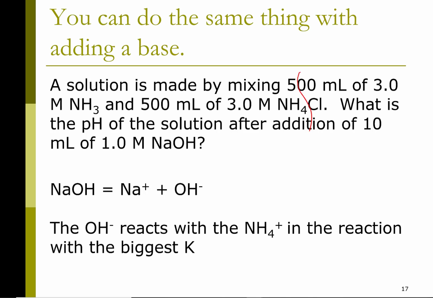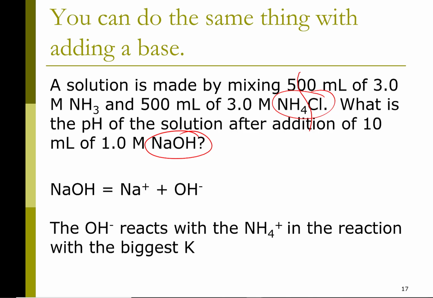Right, again, in this case, I have essentially two salts. My ammonium chloride, which I immediately dissociate into ammonium and chloride. And sodium hydroxide, while being a strong base, is also a salt. So I also immediately dissociate it into sodium and hydroxide. Right?